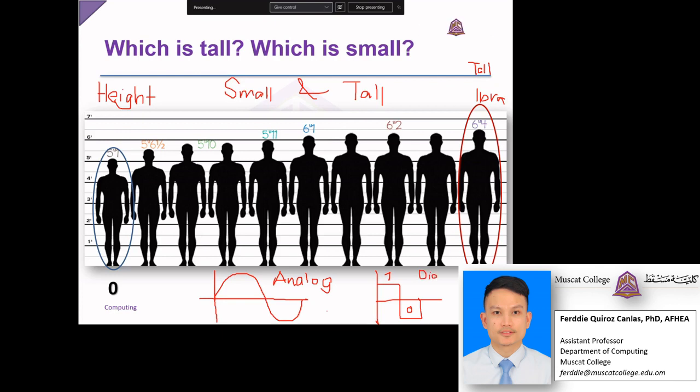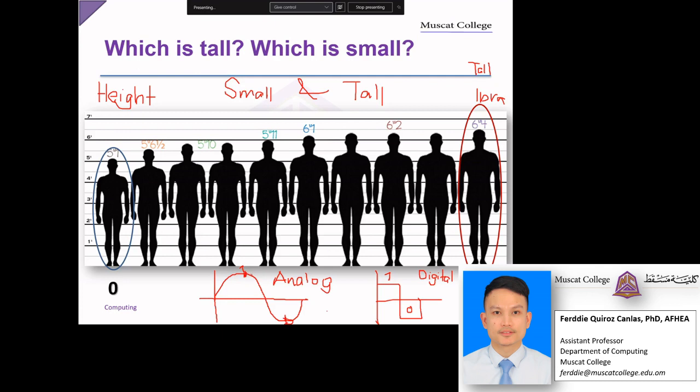This is now the common problem, right? Since we are running digital machines, they can only recognize two values, 1 and 0, 0 for small and 1 for tall. The values in between are a big problem. But in analog, anything on the top is 1 and anything at the bottom is 0. That's why you will see there is a transition, right? Have you noticed this? From this point up to this point, there is a transition, correct?